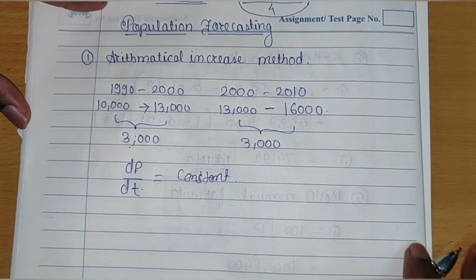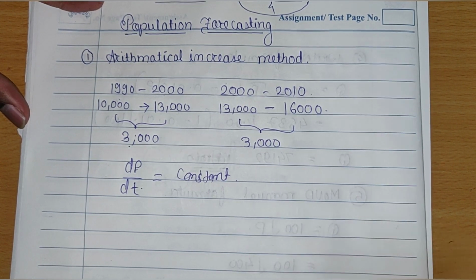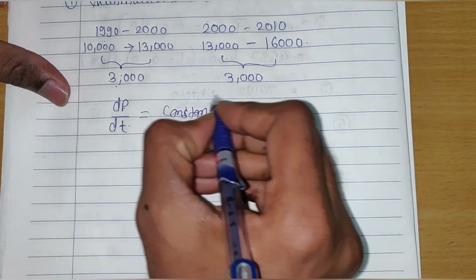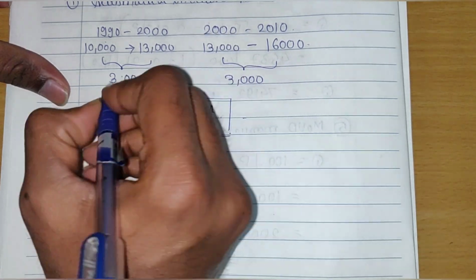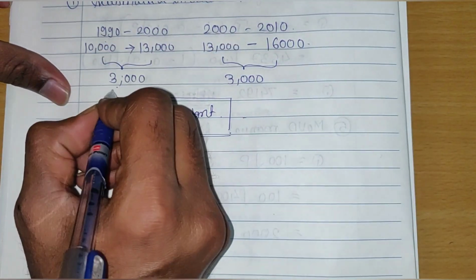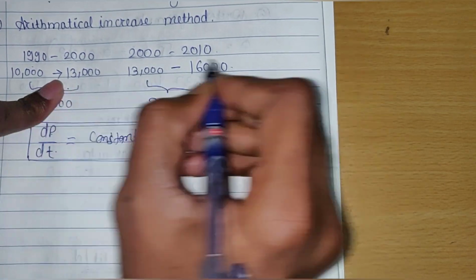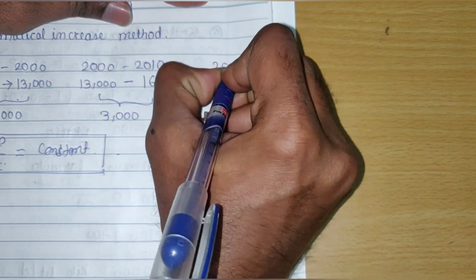I will now explain the formula for the arithmetical increase method. From this example, suppose I want to calculate the population of 2020.